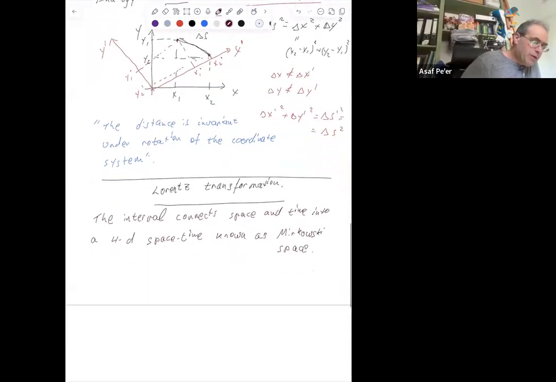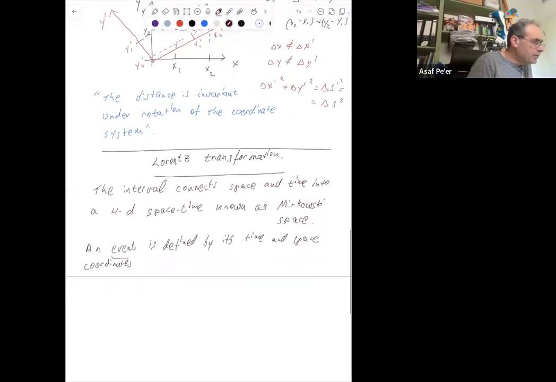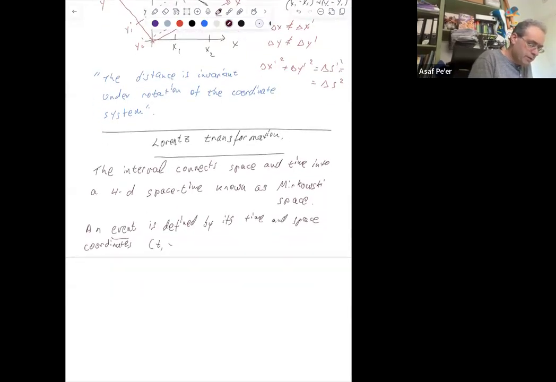So in that Minkowski space, one can define an event by its time and space coordinates. So we need a total of 4 coordinates to define an event. An event is defined by its time and space coordinates, you know, t, x, y, z.